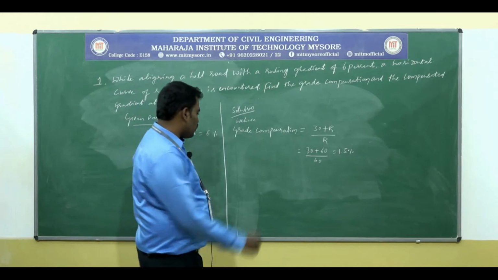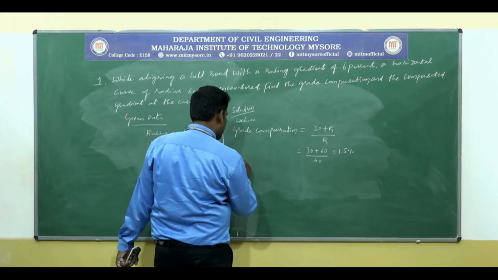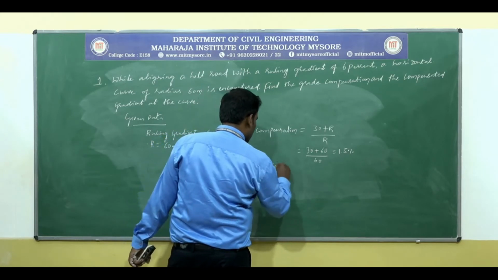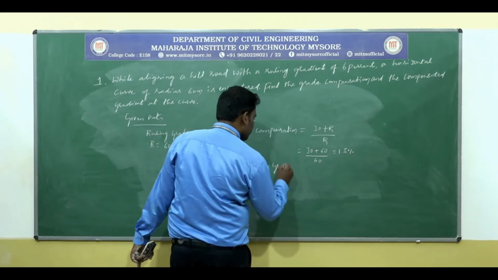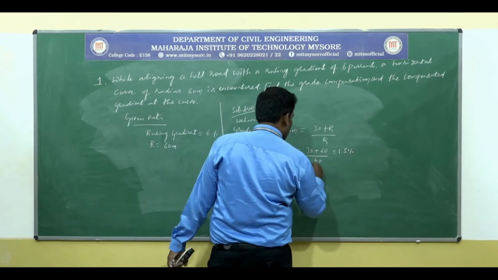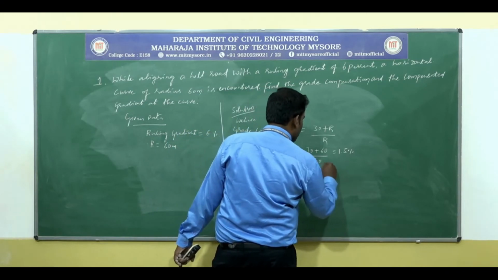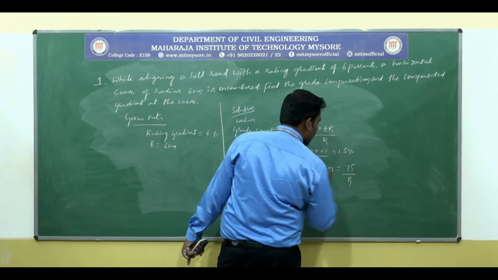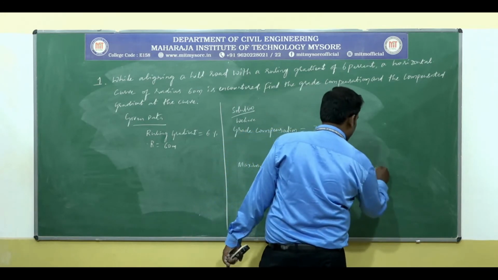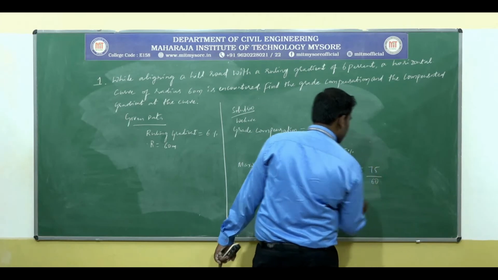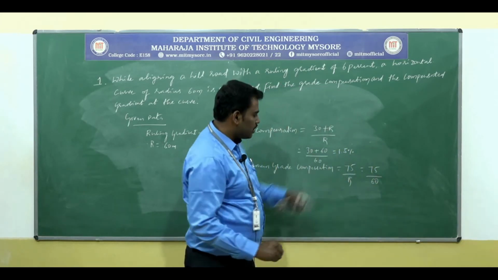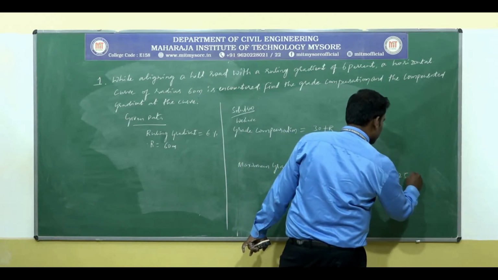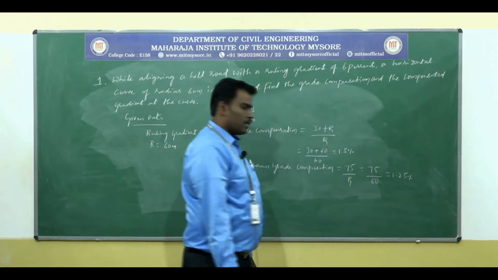What is the maximum grade compensation? Maximum grade compensation is equal to 75 by R, that is 75 by 60, which is about 1.25%.